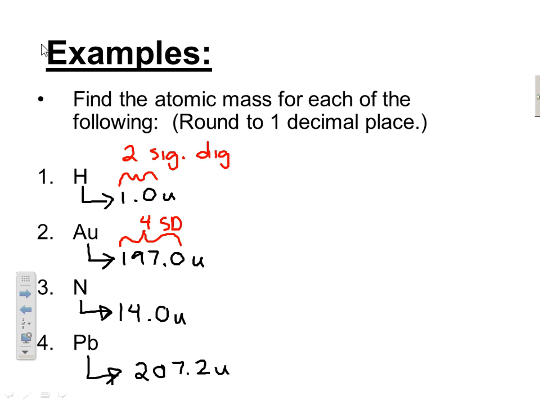That's going to tell us to round up that 9 to a 10. That gives us a 0 in that decimal spot and changes the 6 to a 7. All right? So what was that? 196.9, I believe it's a 6.